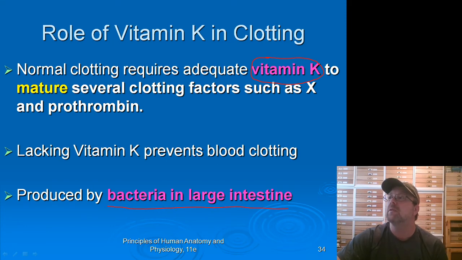It helps activate several clotting factors, such as Clotting Factor 10 and Clotting Factor 2, prothrombin. Remember, prothrombin is 2. And without vitamin K, we don't clot blood very well. So it says lacking vitamin K prevents blood clotting.